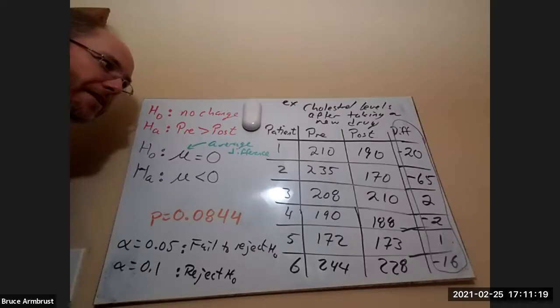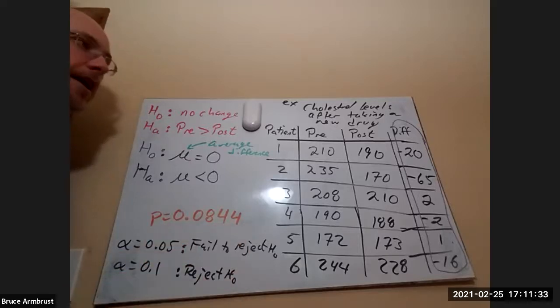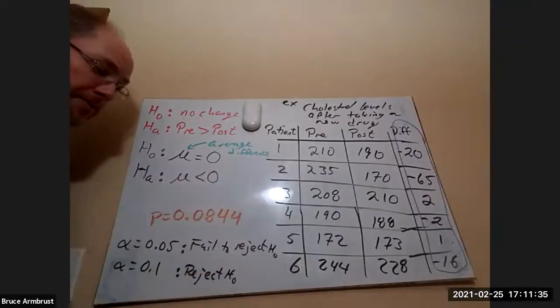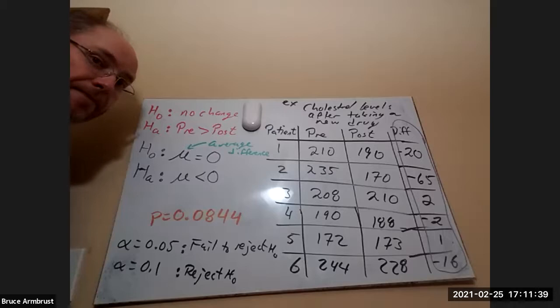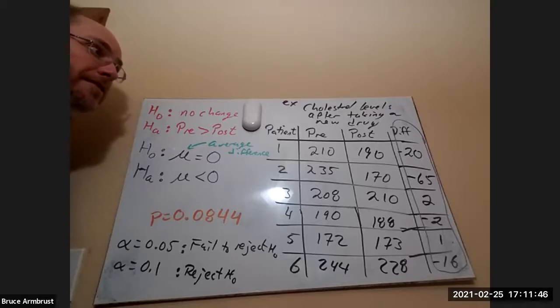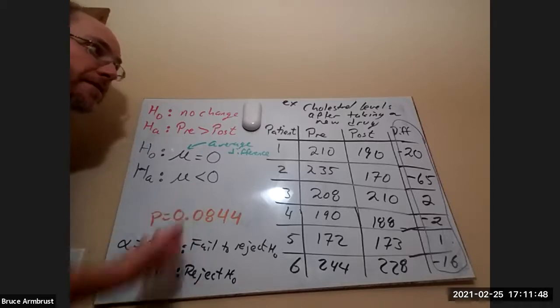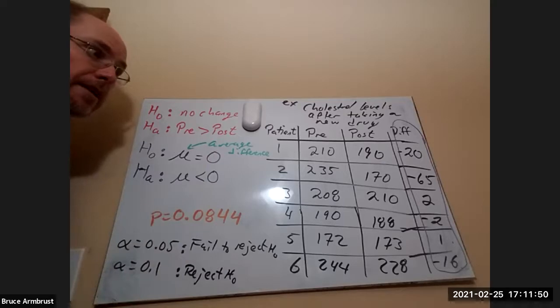But regardless, I know for a fact that they are not good with the 10% confidence. They go much smaller. At best, 5%, usually even a little bit lower. So if this were them and these were the results, they would most definitely fail to reject it, meaning they don't think there's enough evidence that this drug actually is decreasing cholesterol level.